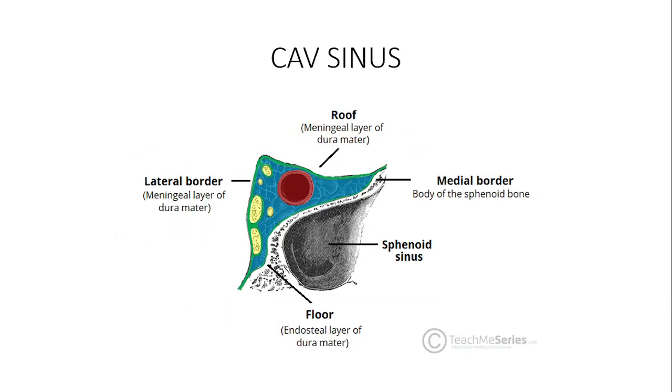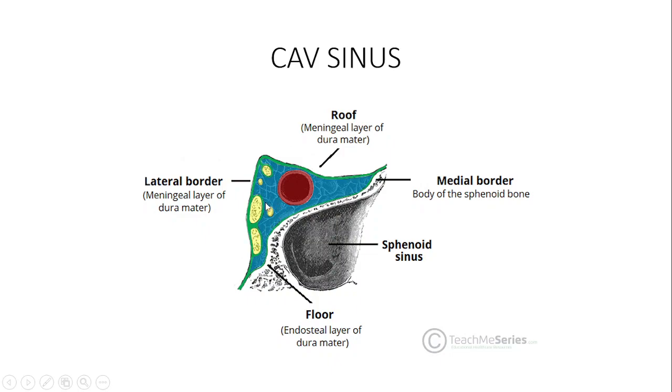Let's talk about the structures that the cavernous sinus has. At the lateral wall of the cavernous sinus, you have the oculomotor nerve, and inferior to it the trochlear nerve. Inferior to that you have the ophthalmic division of the trigeminal nerve, and inferior to that the maxillary division of the trigeminal nerve.